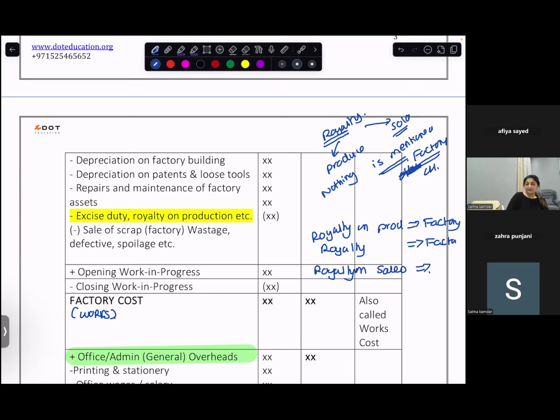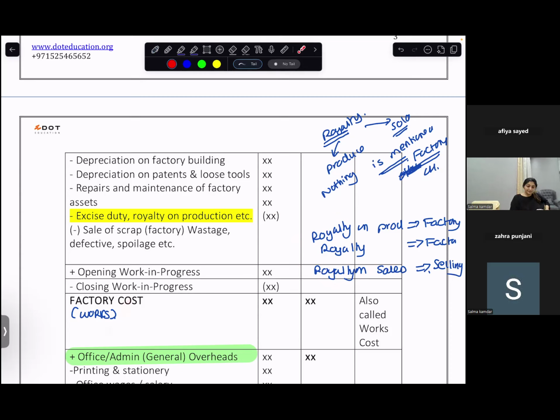If they say royalty on sales, then it will be selling and distribution. So you need to be mindful. These are the places where they confuse the kids. The office part comes after factory cost.